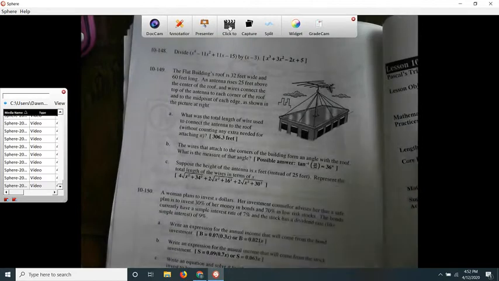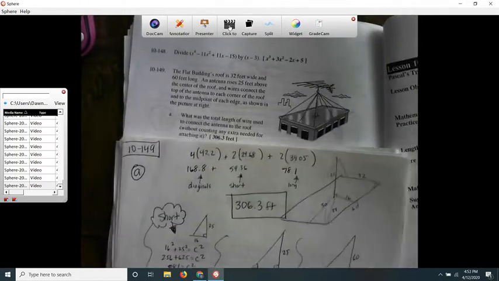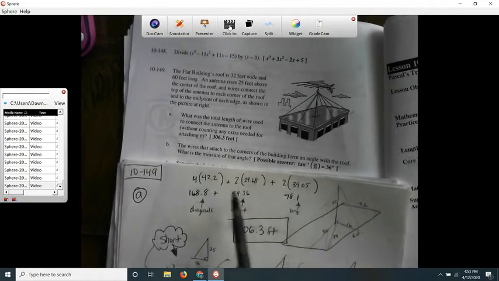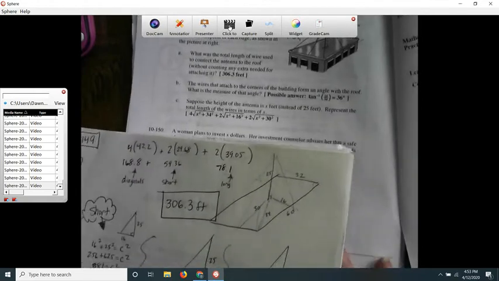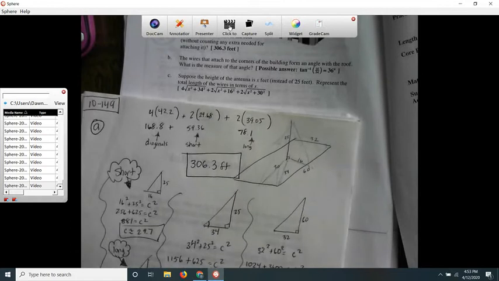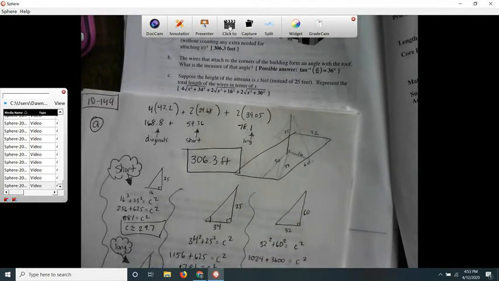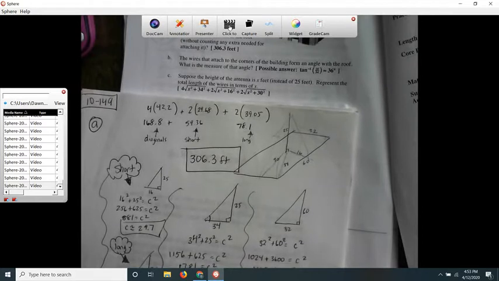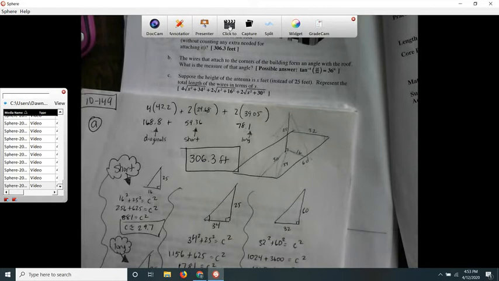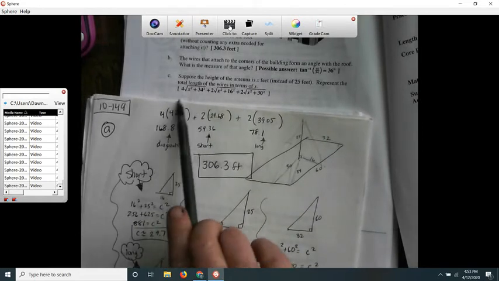And then letter C. Letter C is interesting. I was really glad that I happened to do the problem this way, because letter C says, suppose the height of the antenna is x feet instead of 25 feet. Represent the total length of wire in terms of x. You can see I set mine up already like this.